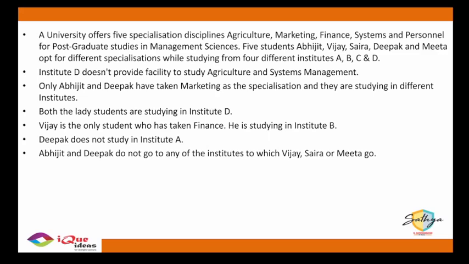Now, a university offers 5 specialization disciplines: agriculture, marketing, finance, systems and personnel for PG in some subjects. 5 students, different specializations, 4 different institutes.